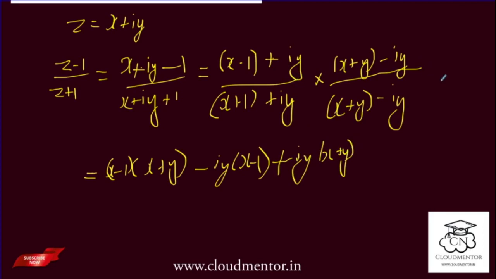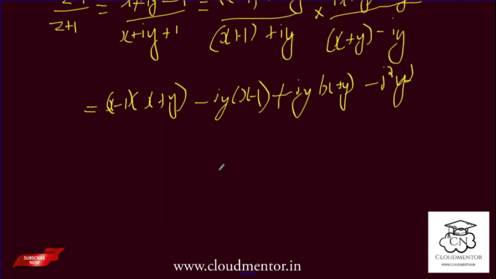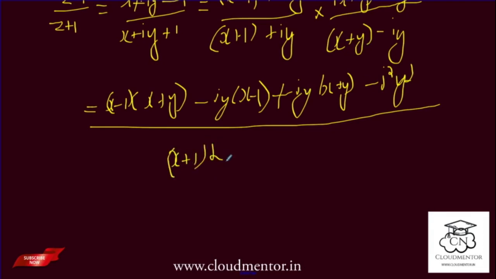We get minus i square y square. So in the denominator, we get x plus 1 the whole square plus y square.